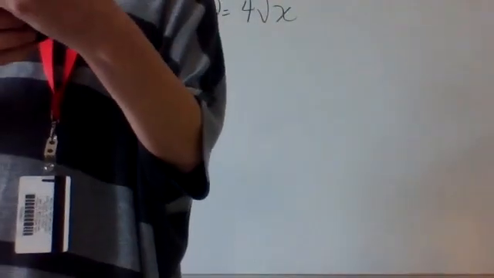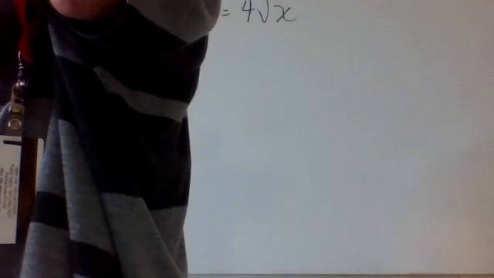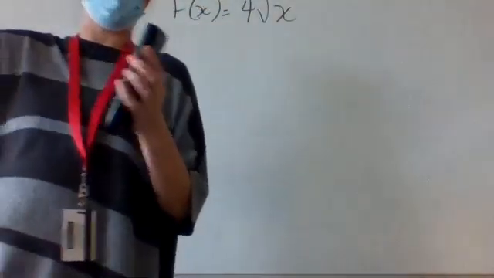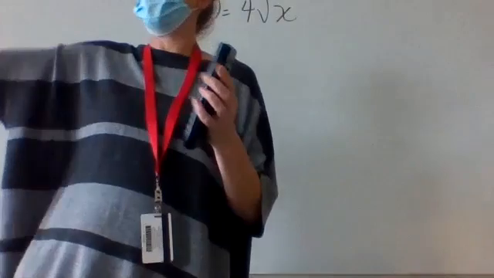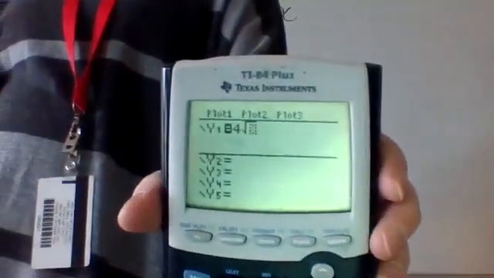So we're going to type in 4. Now the square root button, do you see how it's the x squared button, but right above it is the blue square root? So anytime you want to get to something that's above the button like that, you need to hit your second button first, right? It's like a shift key almost. That's what puts you in those blue functions. So second square root, and then type in your x, and then let's graph it.